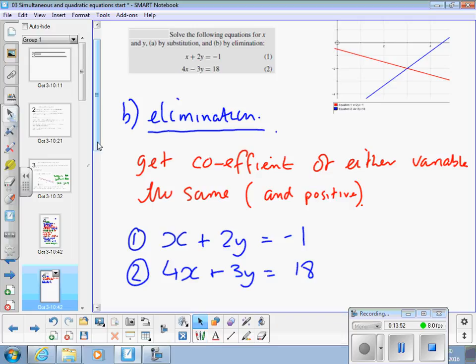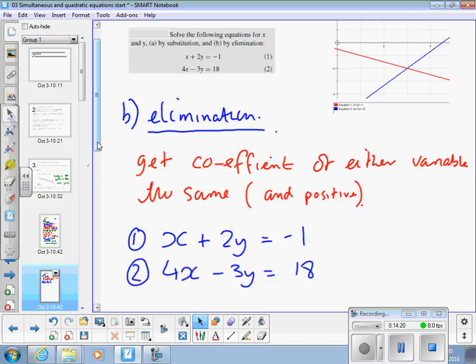To do this method, the coefficient, for anyone who doesn't remember, is the number in front of the variable. So the coefficient of x in this equation is 4. The coefficient of x in that equation is 1. Coefficient of y here is 2. The coefficient of y here is minus 3. The sign goes with the number after it in terms of coefficients.